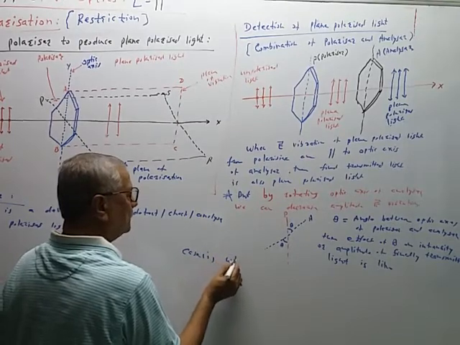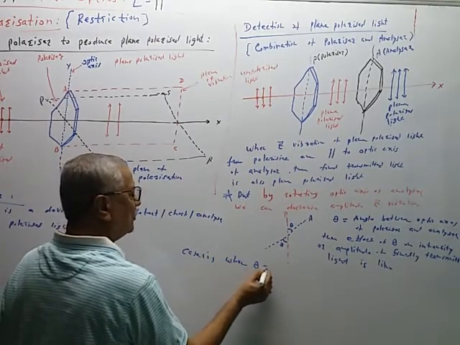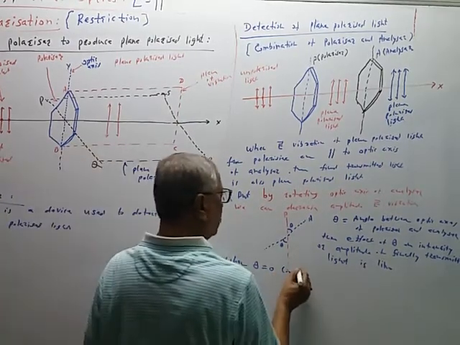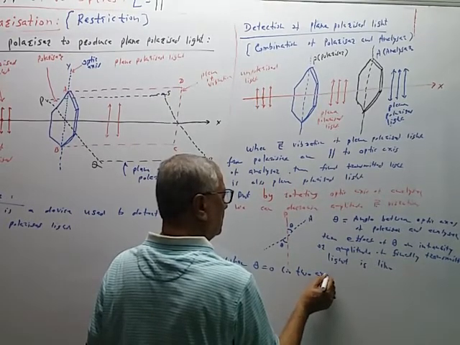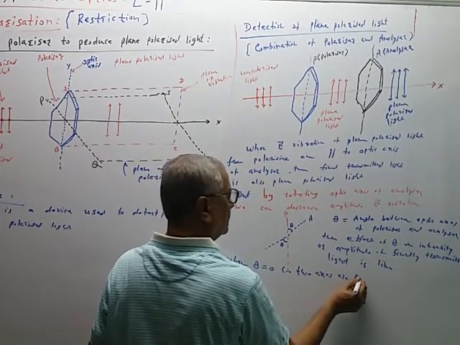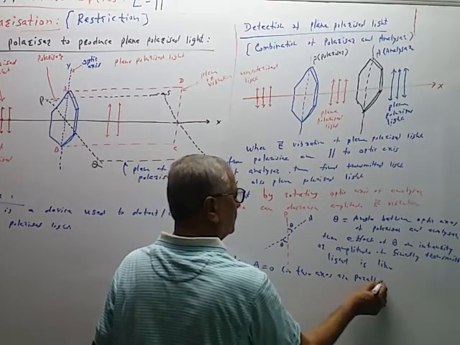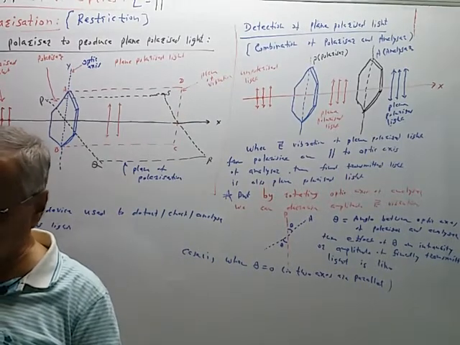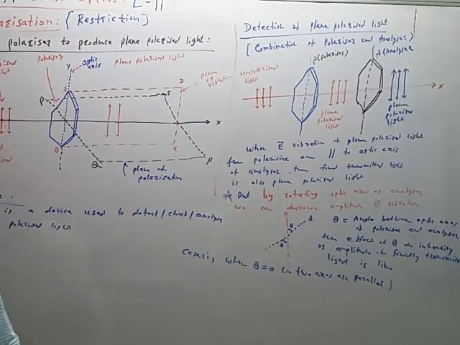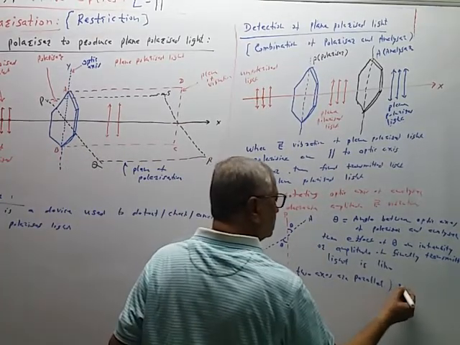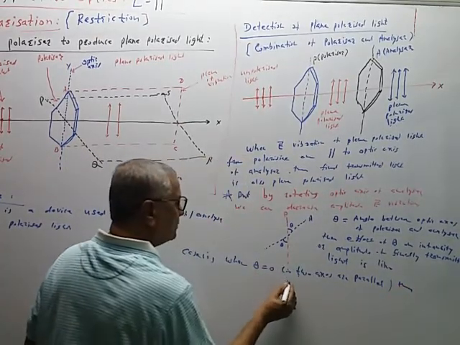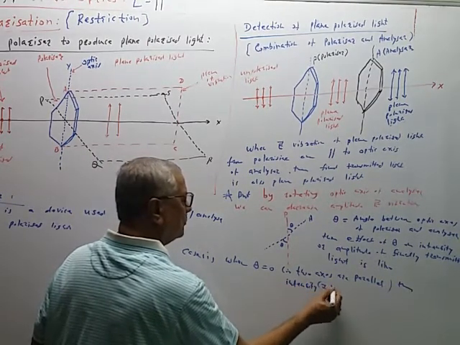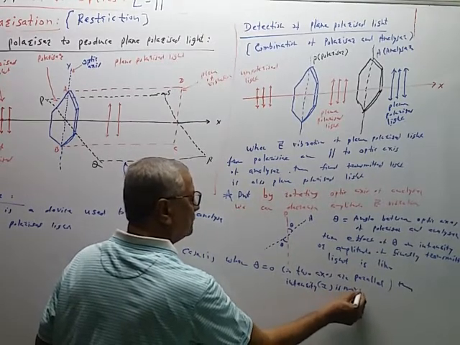Case number 1: when theta is equal to 0, figure 1 applies, that is, the two axes are parallel. Then the intensity of the transmitted light is maximum. Intensity I is maximum.